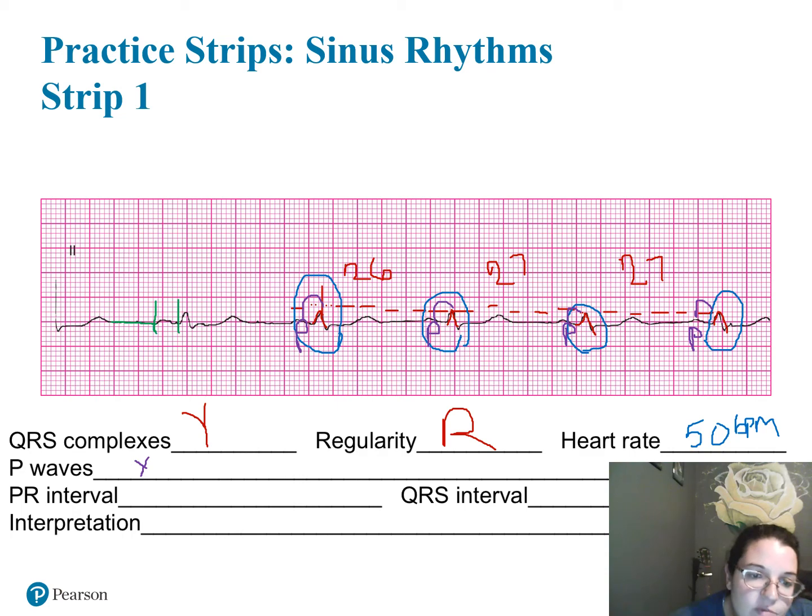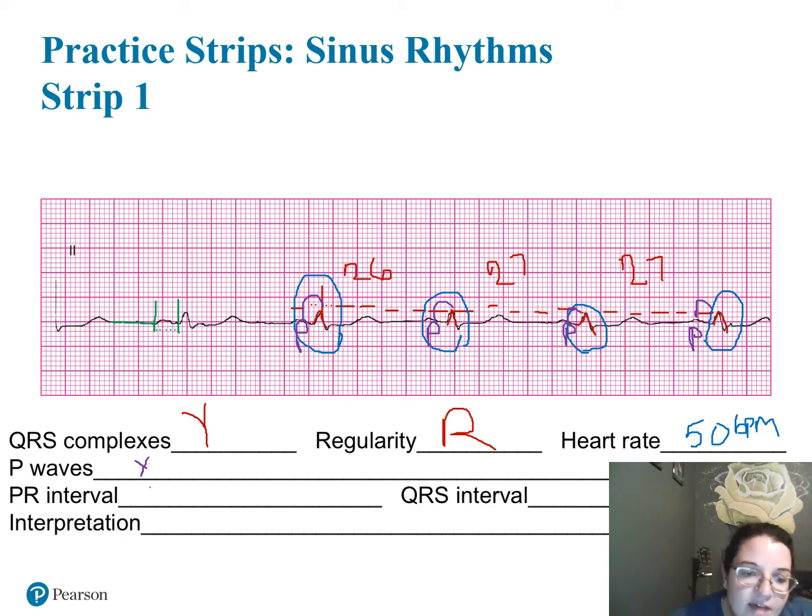If you're working in your book, use a ruler, make pretty little lines, keep them as straight as you can. And then you're going to count the boxes in between. 1, 2, 3, 4, 5.